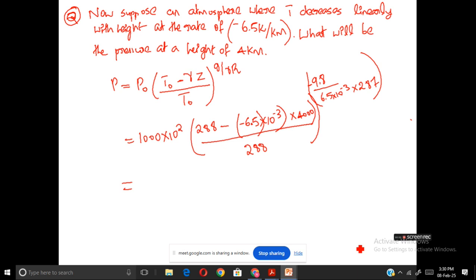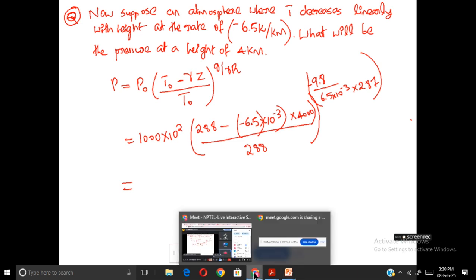So, in the first case, we were considering an isothermal atmosphere, which was an ideal case, not a realistic case. And we got, at 4 kilometer, a pressure of around 622 hectopascal. Now, this is a more realistic case where we are considering that the temperature is decreasing with respect to height.